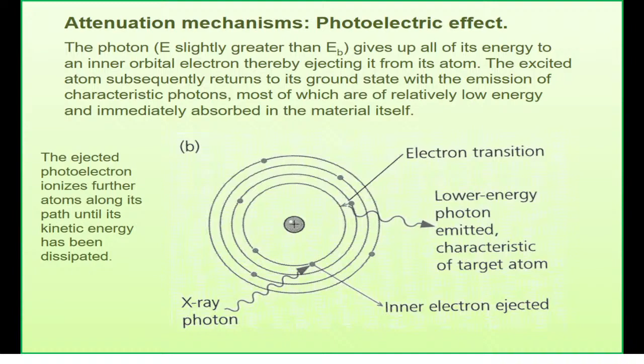So the photoelectric effect is the attenuation mechanism for X radiation of photon energy slightly greater than the binding energy of the electron in the atoms of the material that the X radiation crosses.